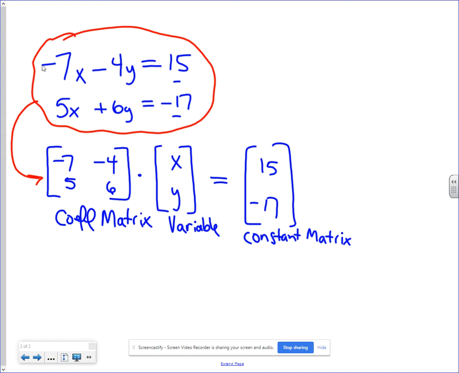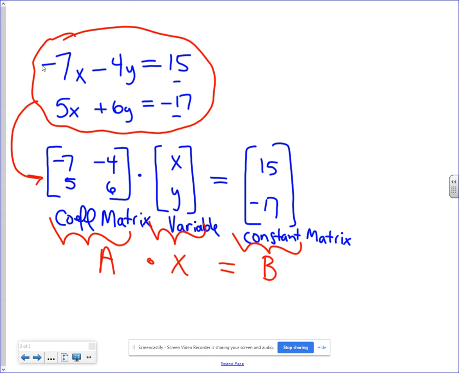Okay? Now this should resemble something that we've been working on. All of these are matrices. So you can think of this as A. Let's call this matrix A. Think of this as X. So we got A times X equals, we'll call this one B. This is what you just solved.